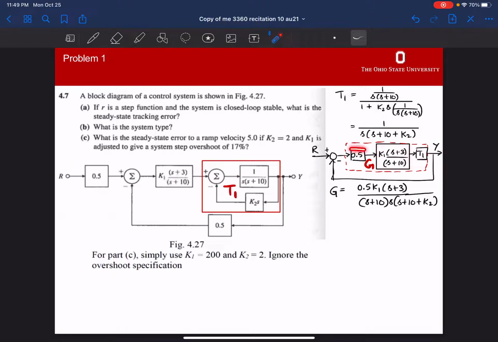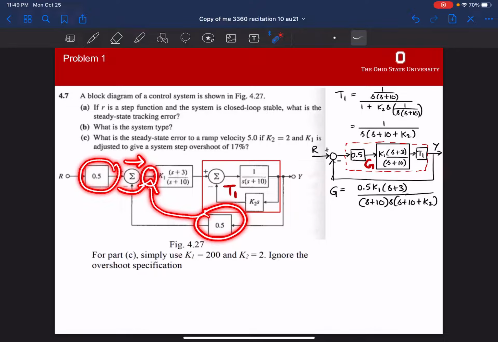And then before that, you see that the 0.5 gain value that was there for the input as well as for the feedback loop, since they are the exact same gain values, 0.5 in both cases, I was able to conveniently plug that in after my summing junction.